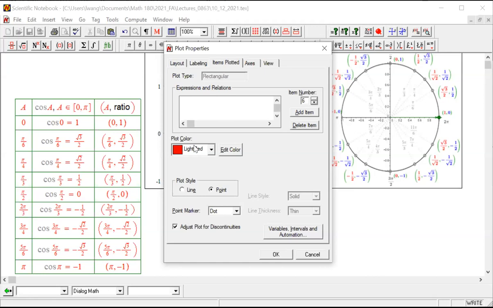And the next one, pi over 3, half. Next one, pi over 2, 0. The next one, 2 pi over 3, negative half.